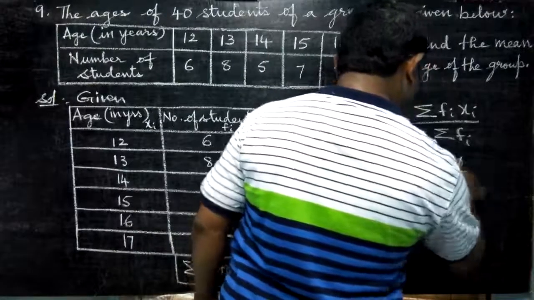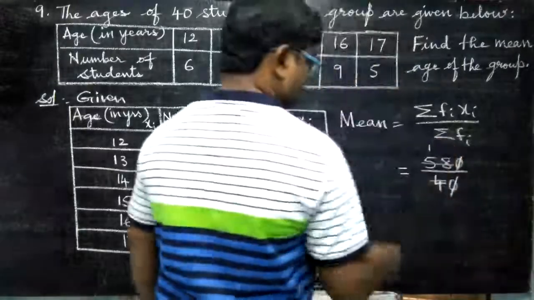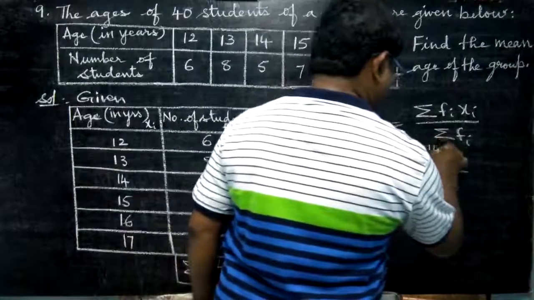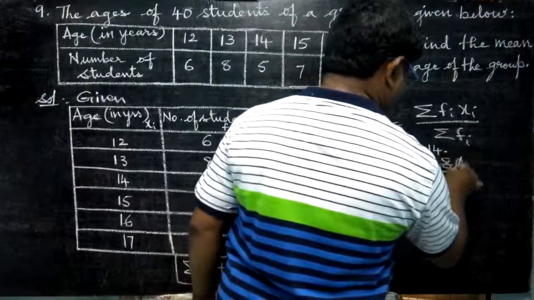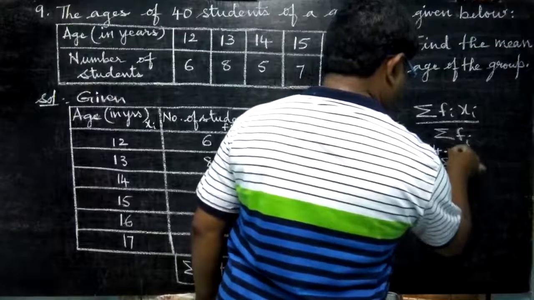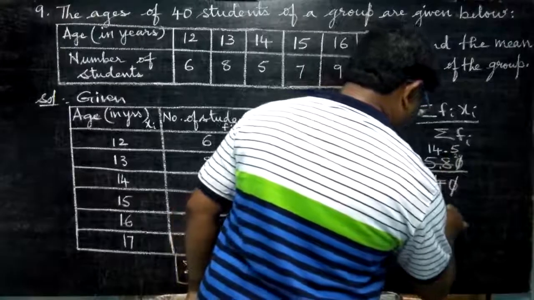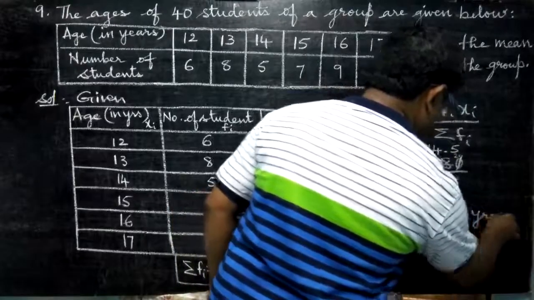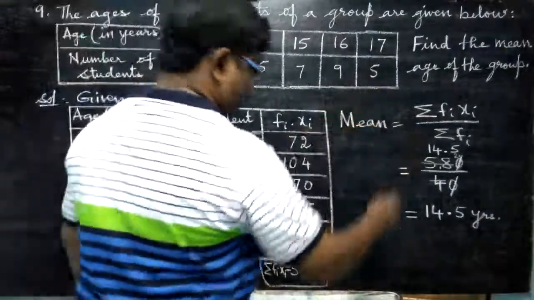The zeros get cancelled. 4 table. 4 ones are 4. 1 remaining. 4 fours are 16. 2 remaining. Decimal. 20. 4 fives are 20. So 14.5 years. What is this one? Mean age of the group.